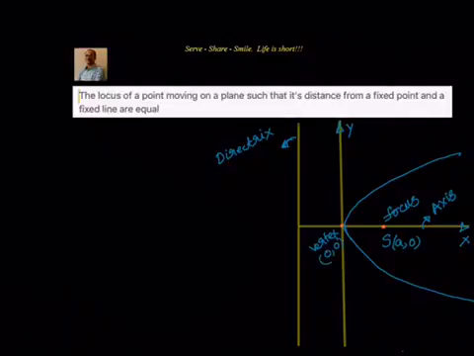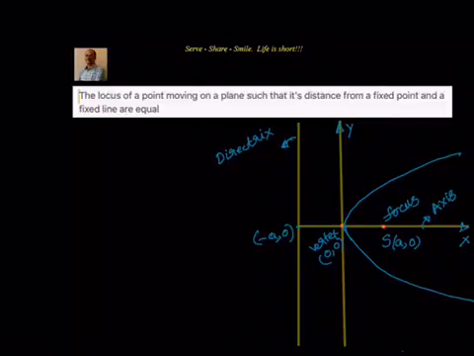Now if the focus is at a comma 0 and the vertex is at 0 comma 0, then this point will be nothing but minus a comma 0. You will agree with me on that. It is minus a comma 0 because any point on the parabola is at equal distance from the focus and also the directrix.